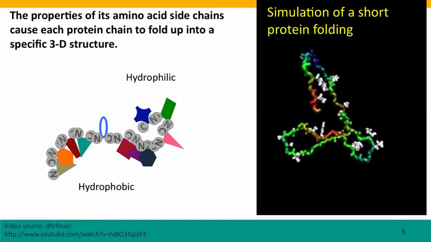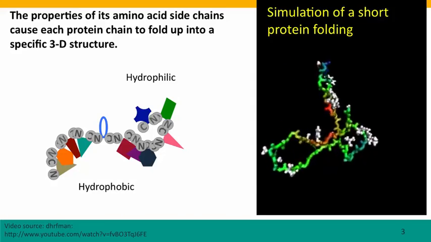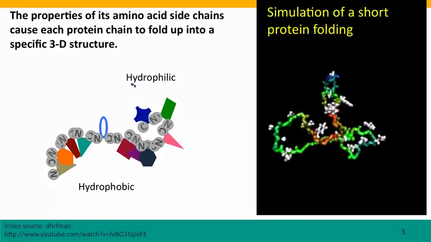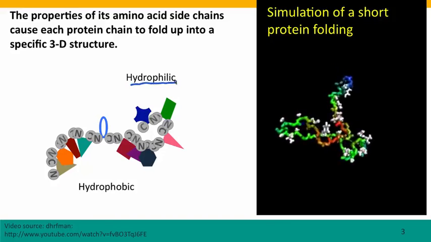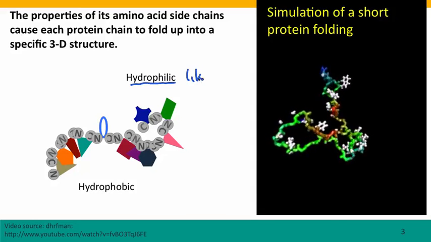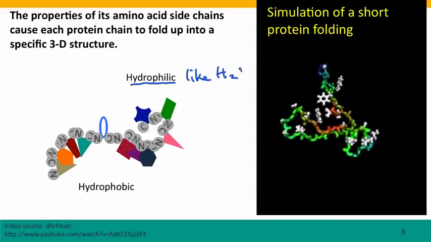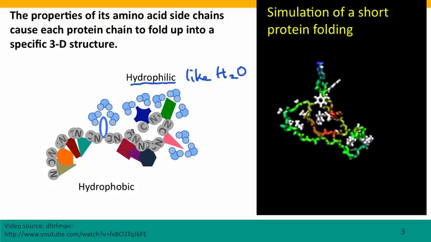2 points about what makes parts of the protein compatible. Some amino acid side chains have the property of being hydrophilic. They like water. And this causes them to stay on the outside of the folded protein, where they can interact with the water molecules in the aqueous environment of the cell's cytoplasm.